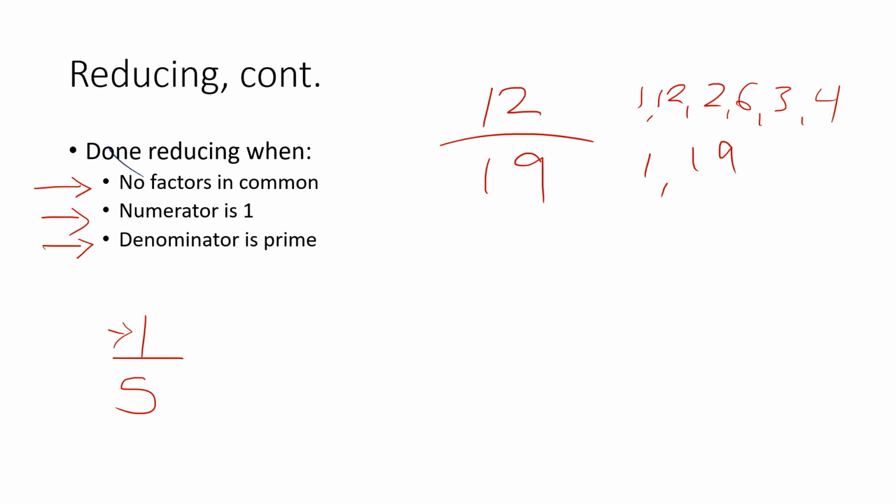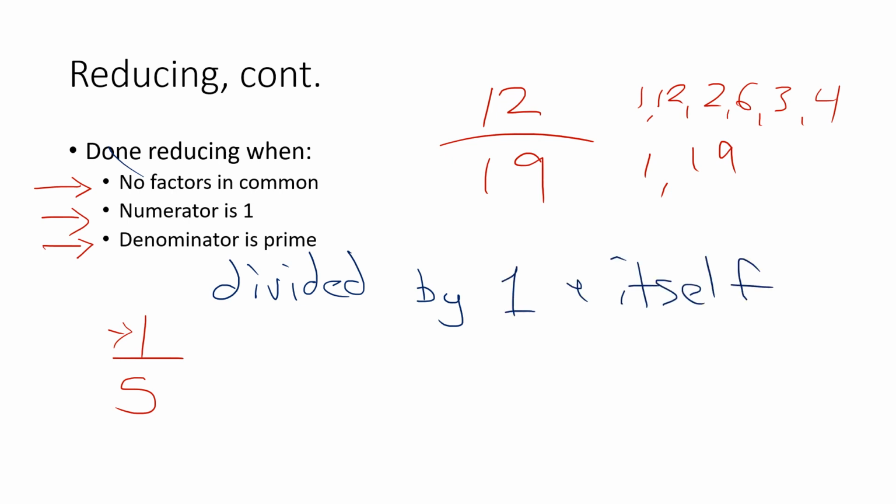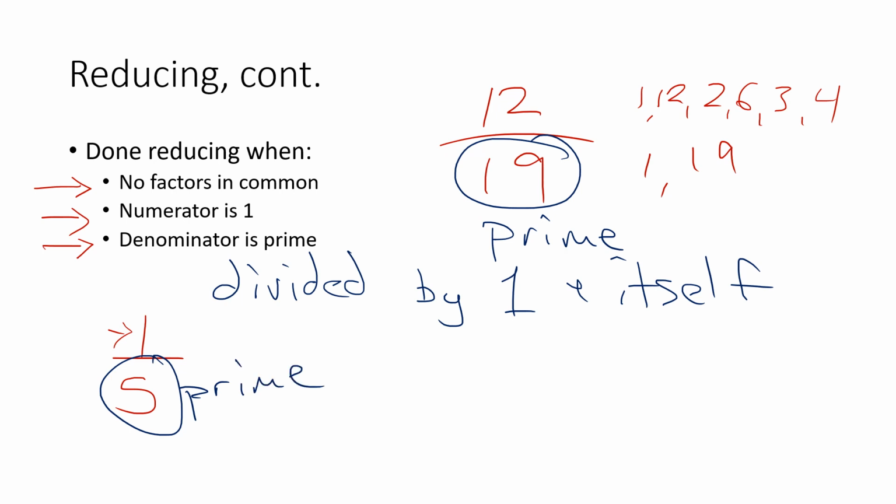A prime number can only be divided by 1 and itself. 19 is a prime number because 19 can only be divided by 1 and 19. Down here in our 1/5, 5 is also a prime number. 5 can only be divided by 1 and 5. So generally speaking, if you finish your reducing and your denominator is prime, you're probably done.